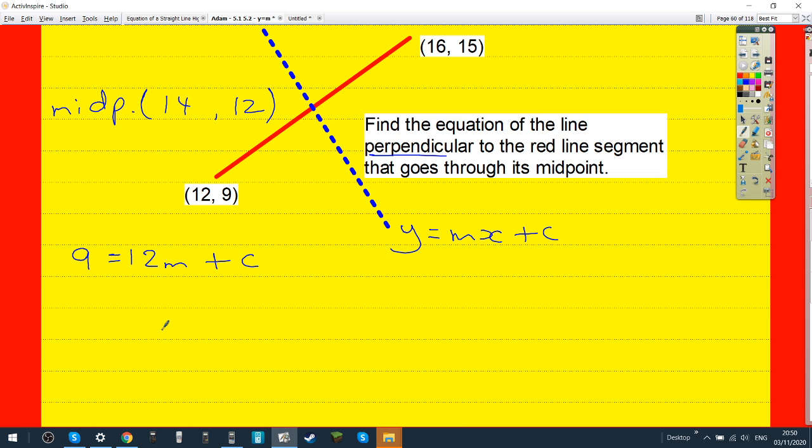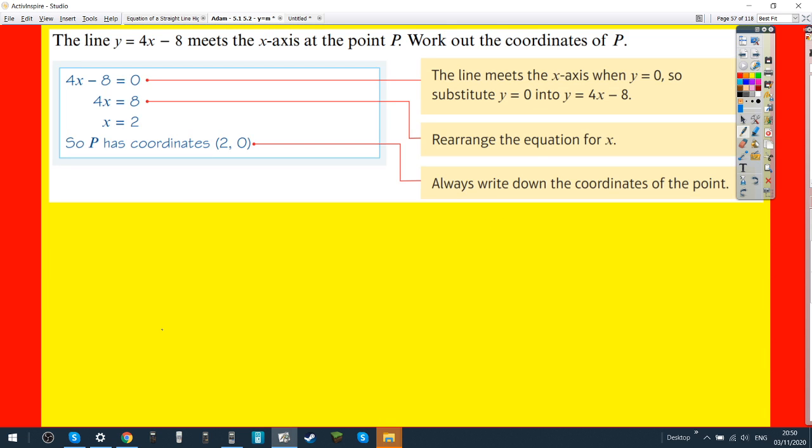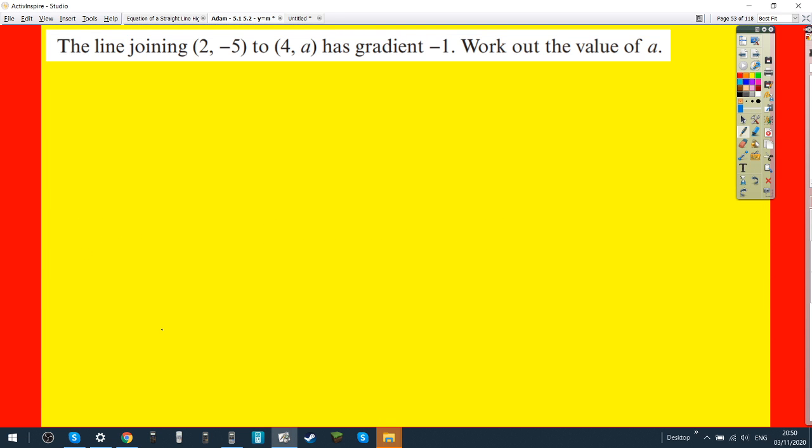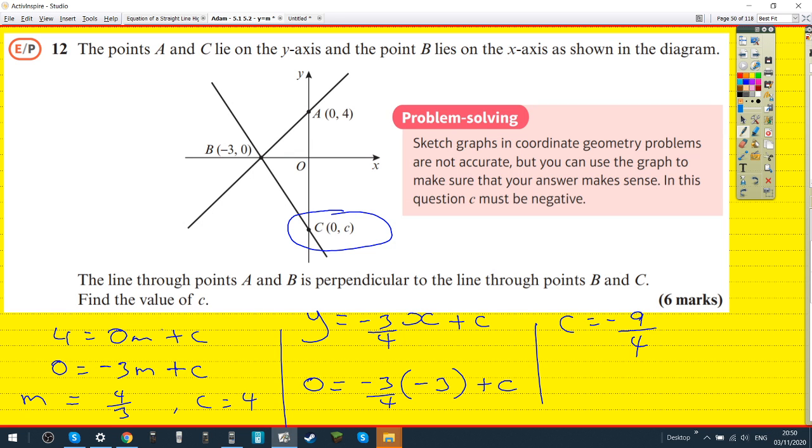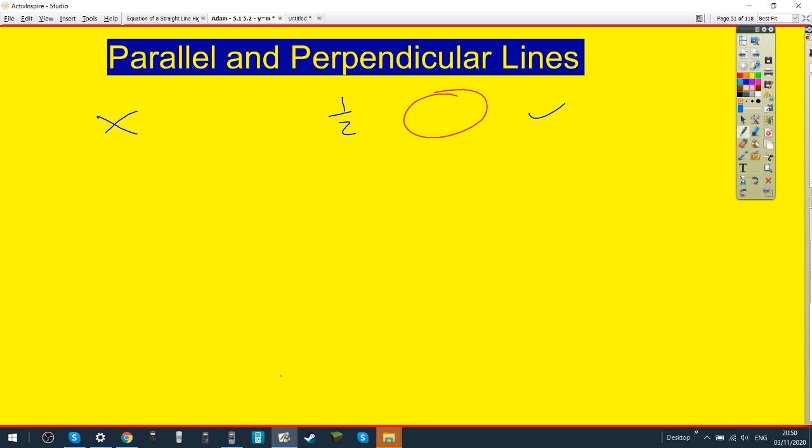We want m. So we minus c on both sides, so it'd be 9 minus c. How did we get m for this one? We got... Oh, we did both coordinates. Yep.